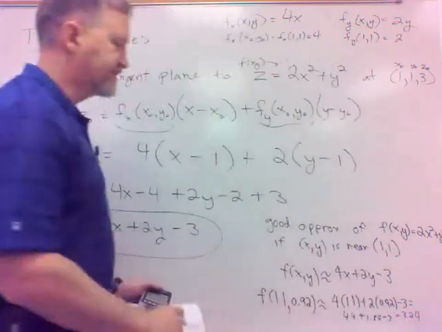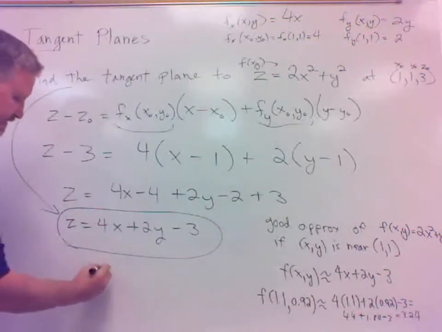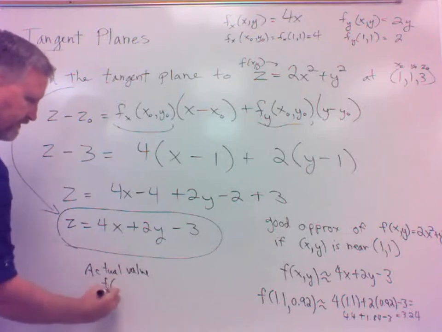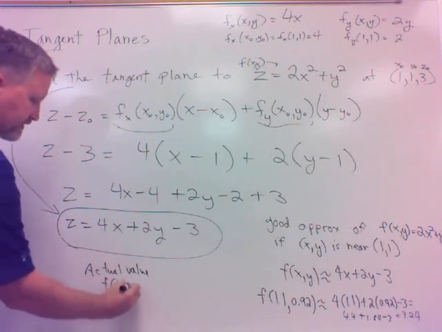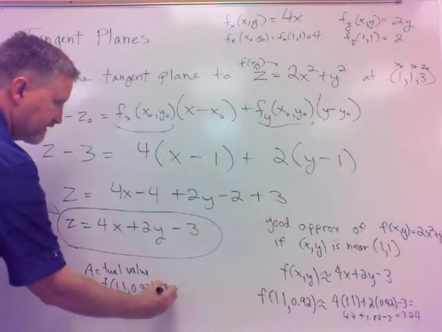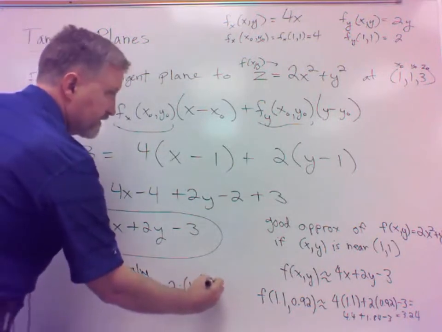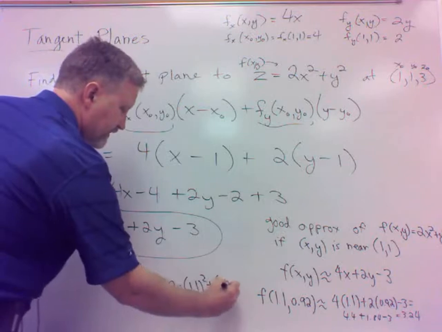Okay. What's the actual value of f of 1.1, 0.92? Well, the actual value would be 2 times 1.1 squared plus 0.92 squared.